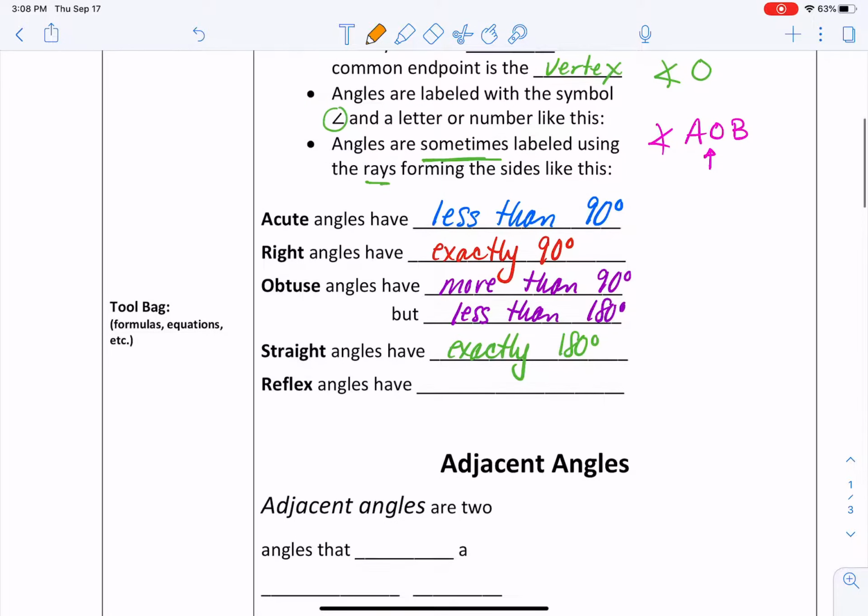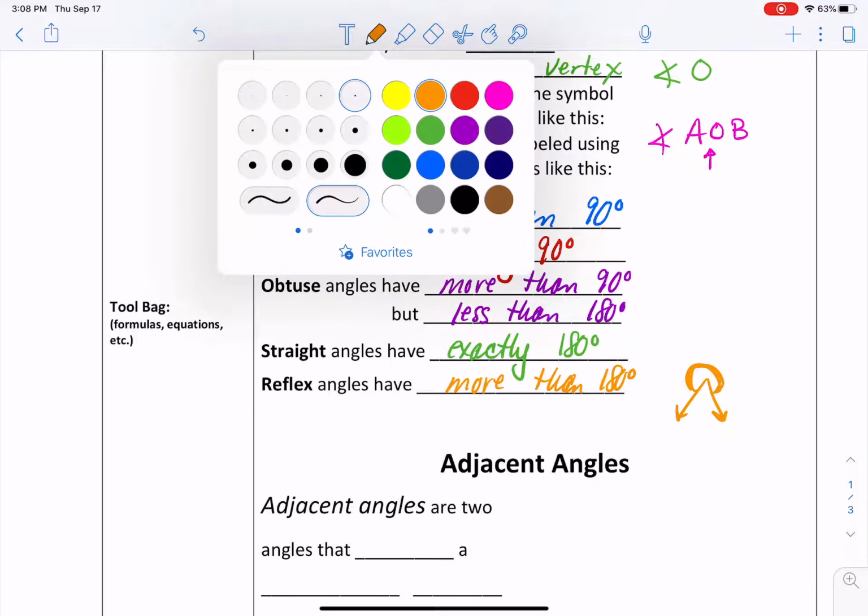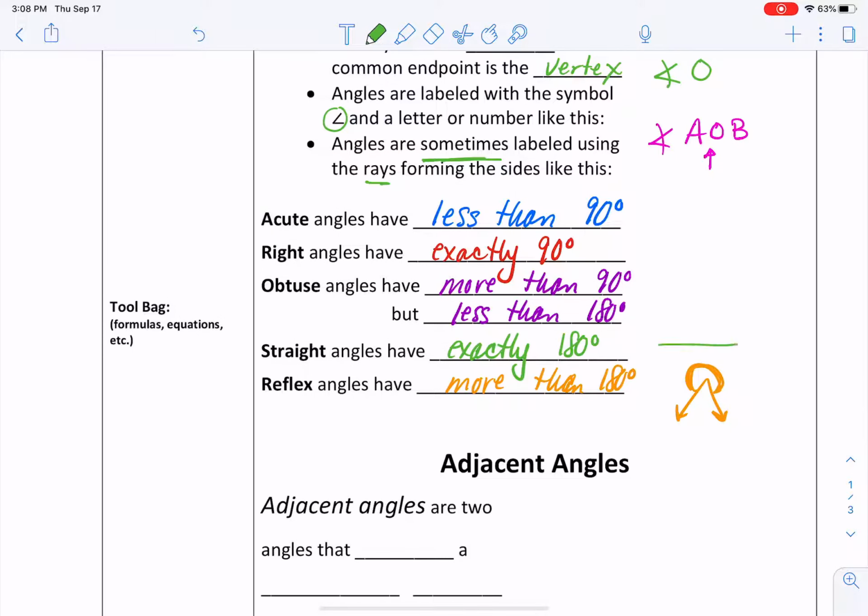And reflex angles are more than 180 degrees. So that would be an angle that looks like this, where the angle that we're measuring is the outside part. Let's go back and do some examples. So exactly 180 degrees is a straight angle.